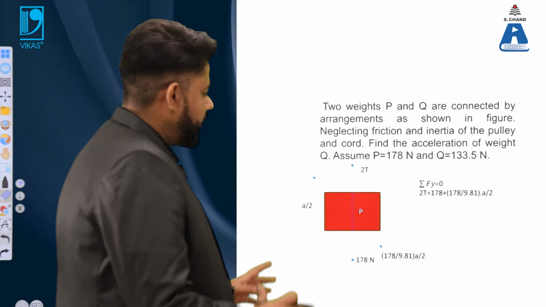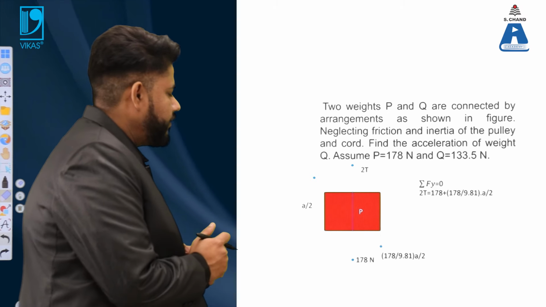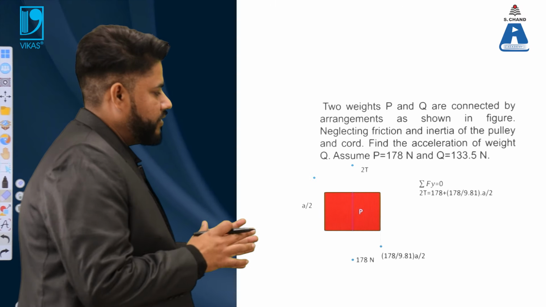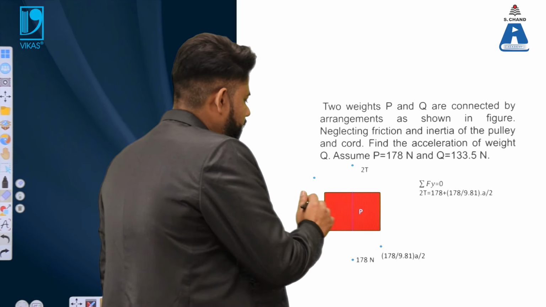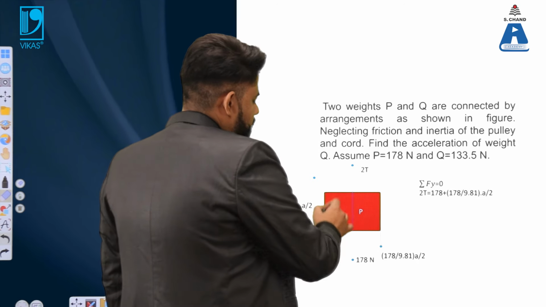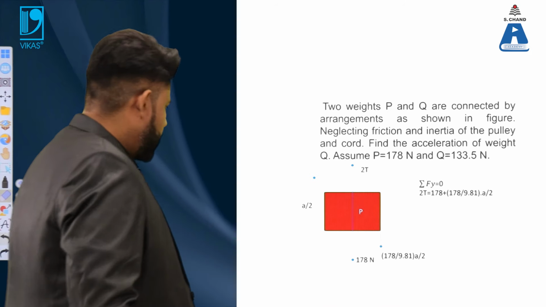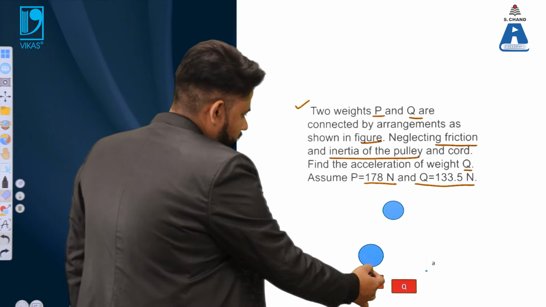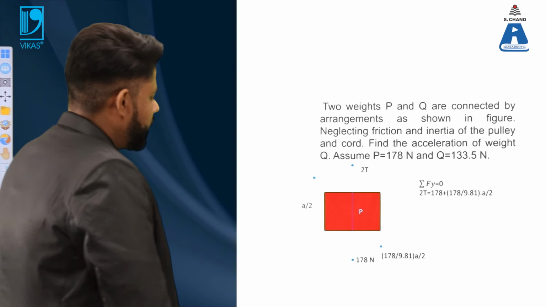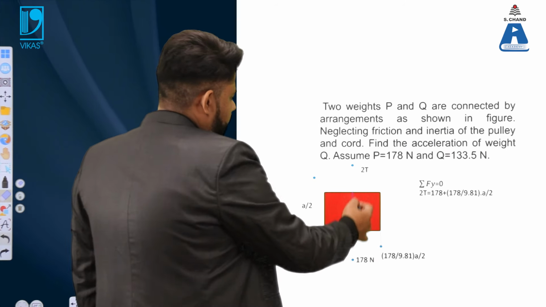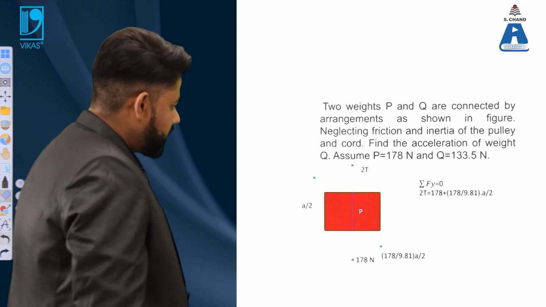In order to apply D'Alembert's principle, you have to break the system into two segregations. One is P. The P part has a load of 178 acting in the downward direction, and you have this 2T part.